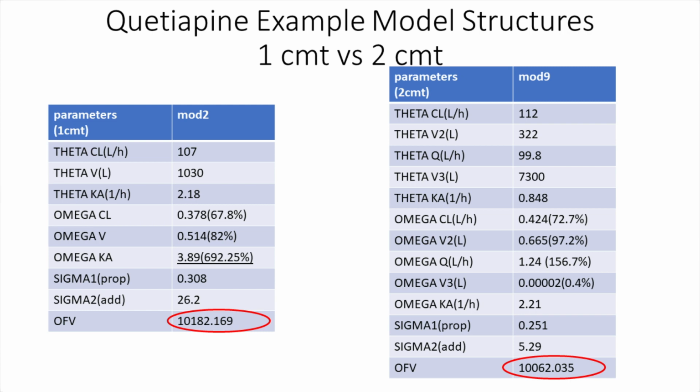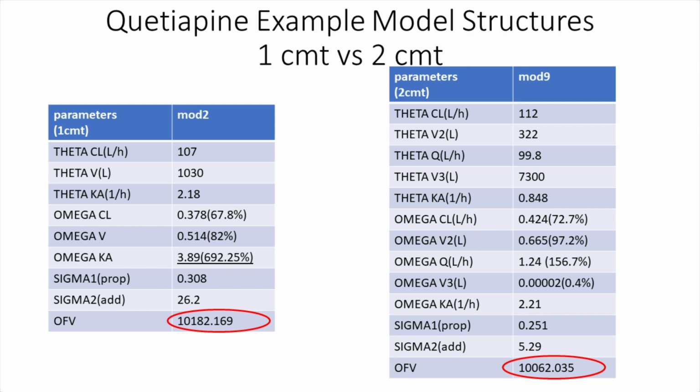You remember, for 1 degree of freedom, a change of 3.84 points was sufficient to deem a statistically significant improvement. Now, here we have 2 degrees of freedom, because we are adding the extra volume of distribution, V3, and the intercompartmental clearance, or you could argue 4 degrees of freedom if you are including the extra between subject variabilities.